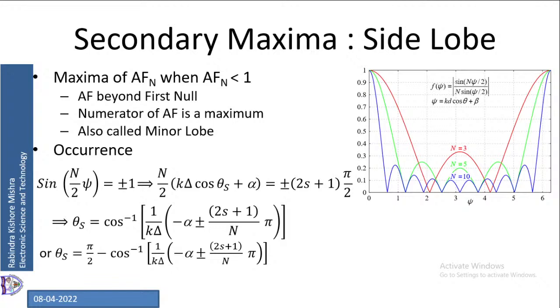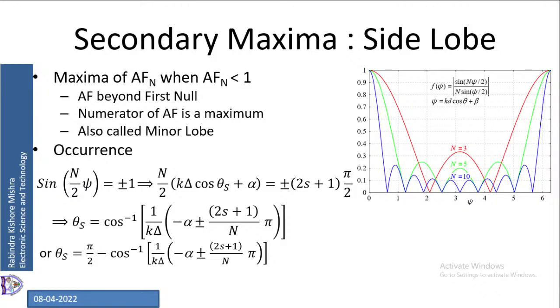S gives you 1, 2, 3, 4, etc. So those are the first minima, second minima, or first side lobe, second side lobe, third side lobe, etc. So theta s is equal to cos inverse 1 by k delta of minus alpha plus minus 2s plus 1 by n pi.